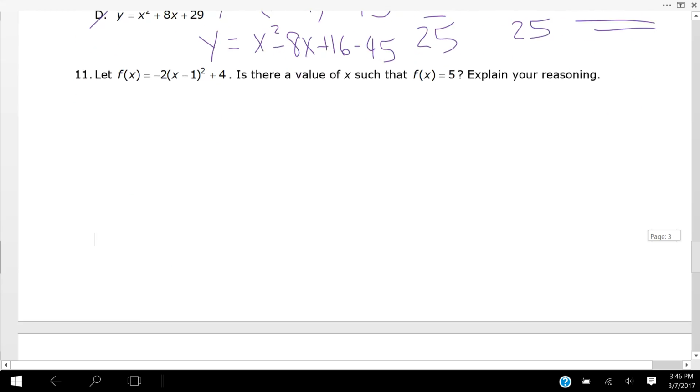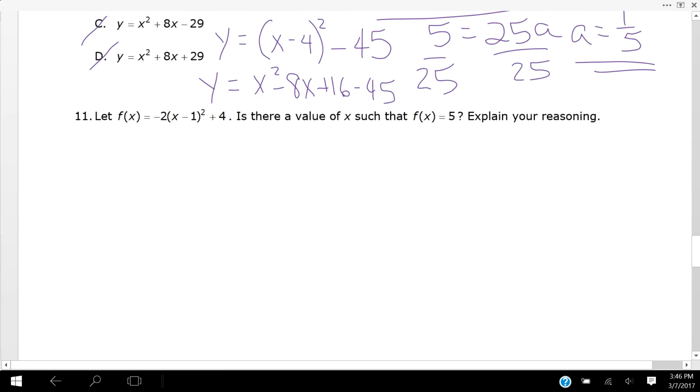Okay, number 11, I kind of had to do some work because I had to think about this. Because my first thought is, oh, of course there is a value. But if I put 5 in for y, let's see what I ended up doing. I said, well, okay, so let's say 5 equals negative 2 times x minus 1 squared plus 4.